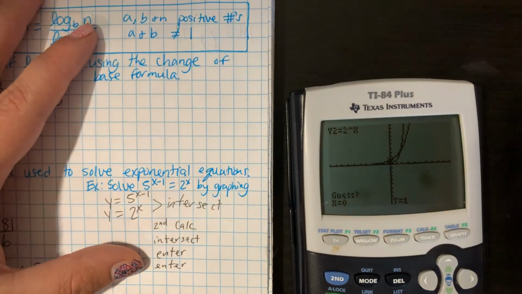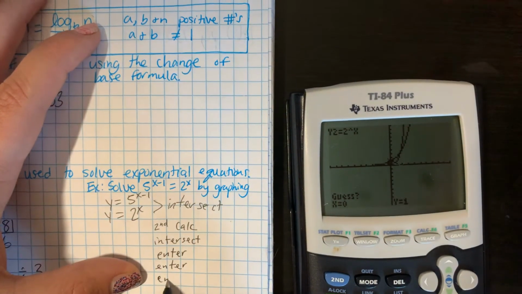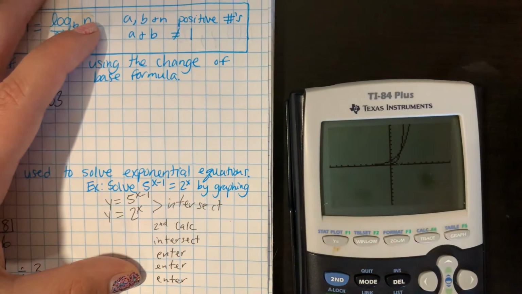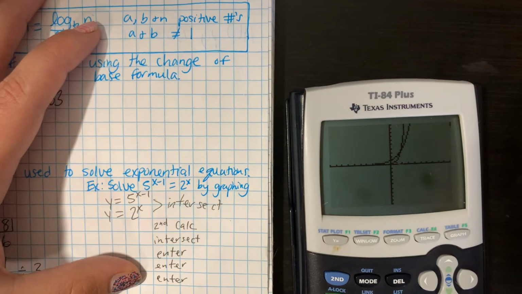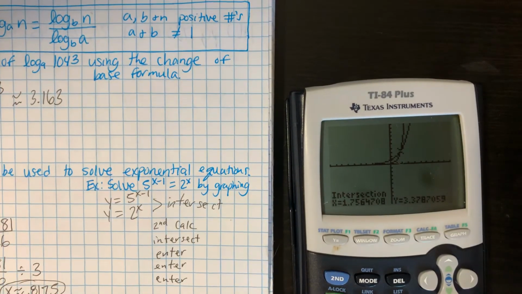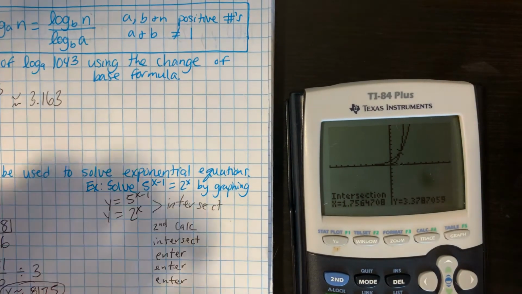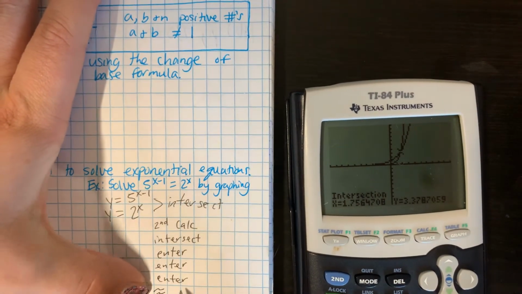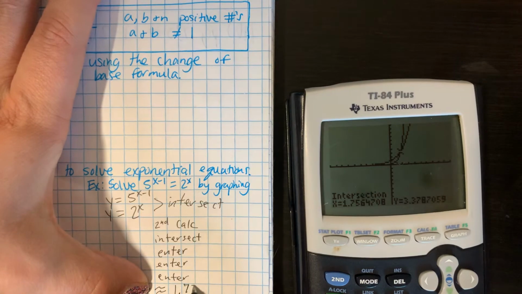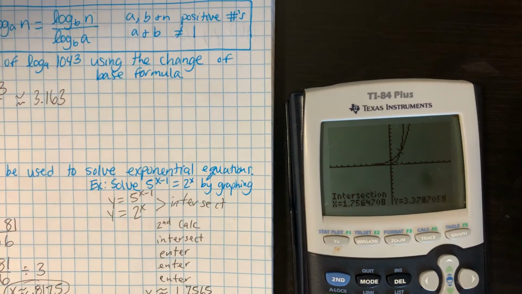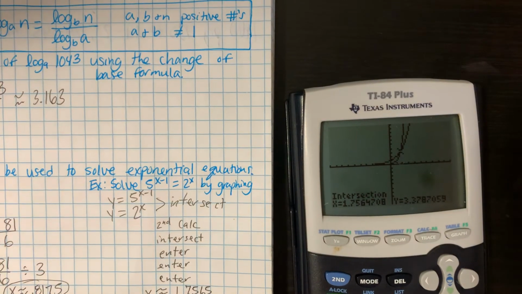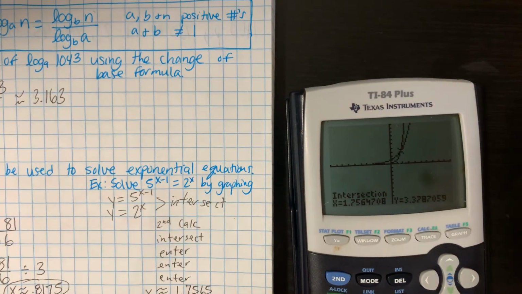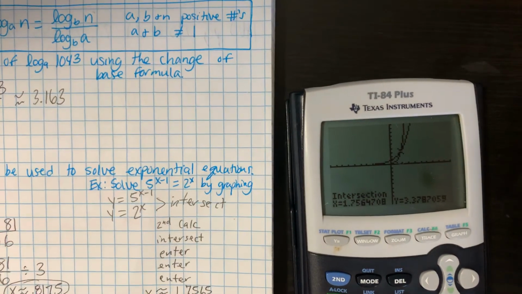You want it to guess? So you push enter again, so enter 3 times, and it's going to tell you where those points meet. So we want to know what x is. X is approximately 1.7565. Okay, there we go. So if it says solve by graphing, that's all you do.